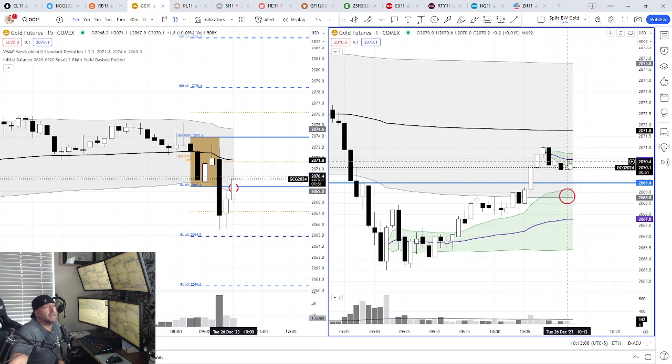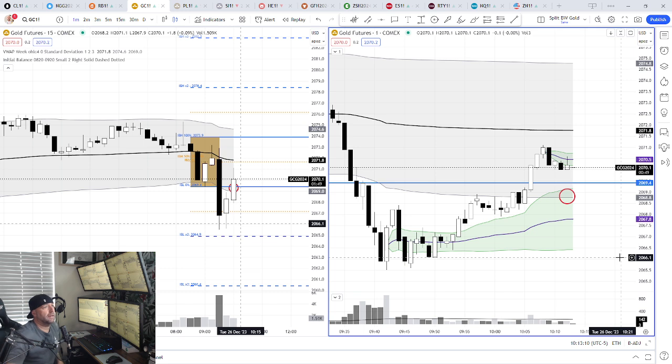So we kind of rejected at the anchor VWAP from the high. Seller's still in control here.